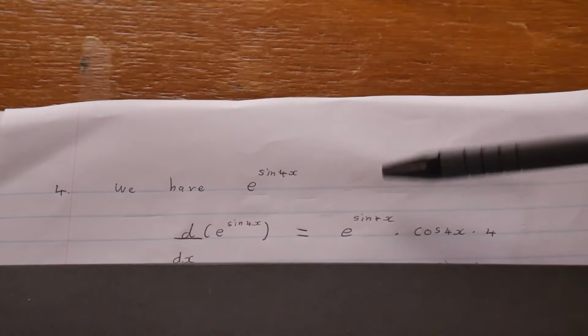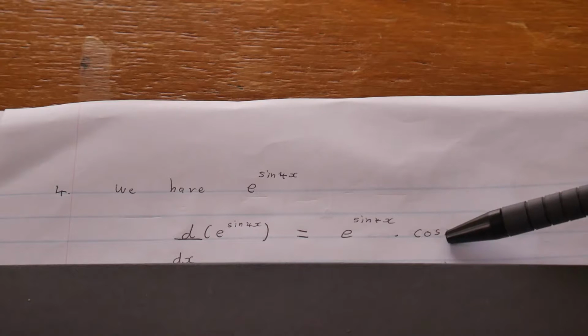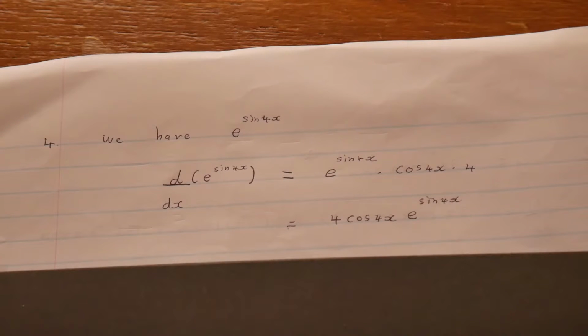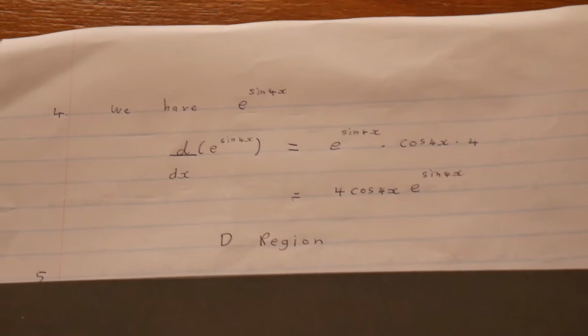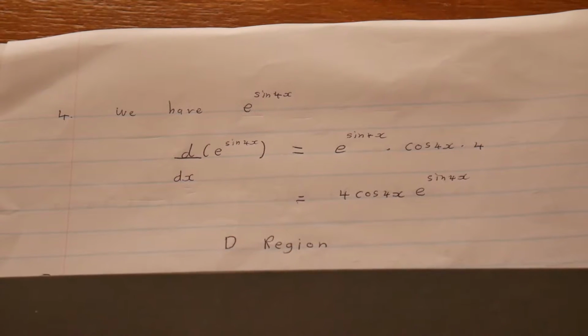So we have e to the sine 4x multiplied by cos 4x, but this is also a function of x, so you further multiply by 4. So of course the answer is just 4 cos 4x times e to the sine 4x. And that's it. Now we go on to the D region where you are allowed to use log differentiation.